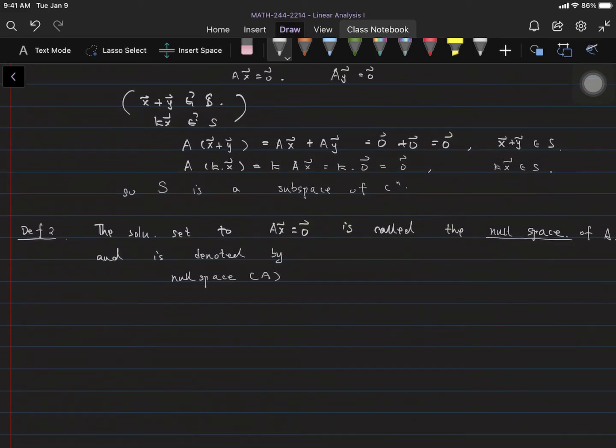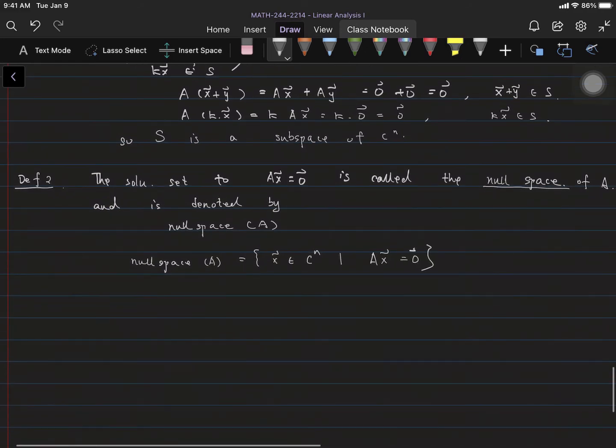What's the meaning of the null space? Let's write it down one more time: the null space of A means all the vectors in Cn with the condition AX equals 0, homogeneous.